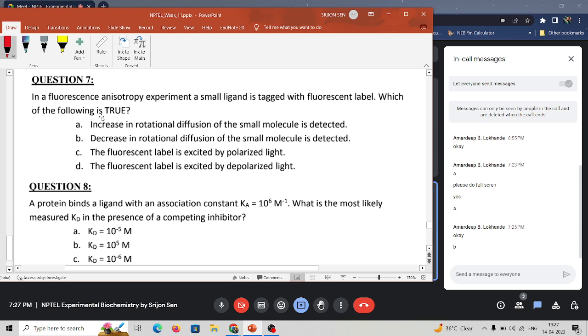The fluorescent label is excited by polarized light. The fluorescent label is excited by depolarized light. Which of the following is true? I was just explaining it a few slides before.